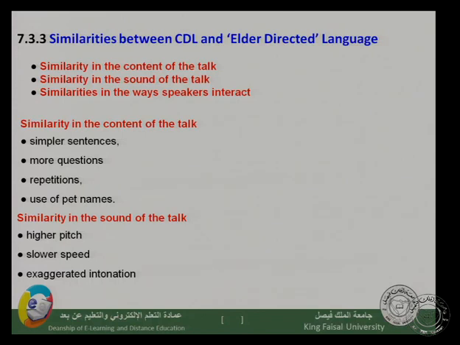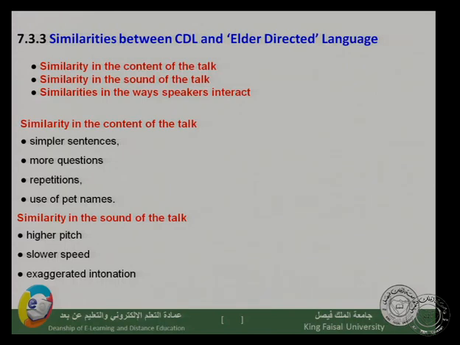We move to the similarity in the sound of the talk. There is something in common with regard to the sound of the language used for young children and for people who are over 65. The sound is a high-pitched sound. It is a low speed. The speaker speaks slowly, again because, as we said, our ability to understand language declines with age.